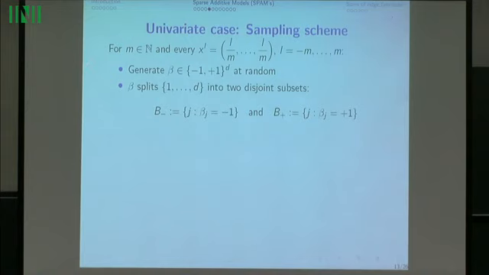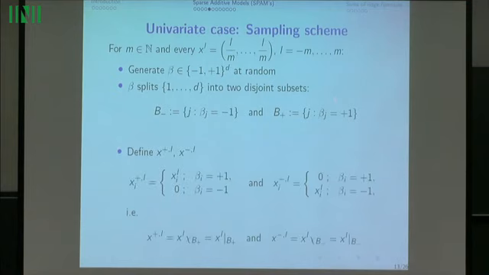How does the random part look? So we take beta to be a plus minus 1 random vector in R^d, well, in {±1}^d. And naturally, by that, beta splits 1 to d, the index set, into two disjoint parts: the minus part, where beta was minus 1, and the plus part, where beta was plus 1.